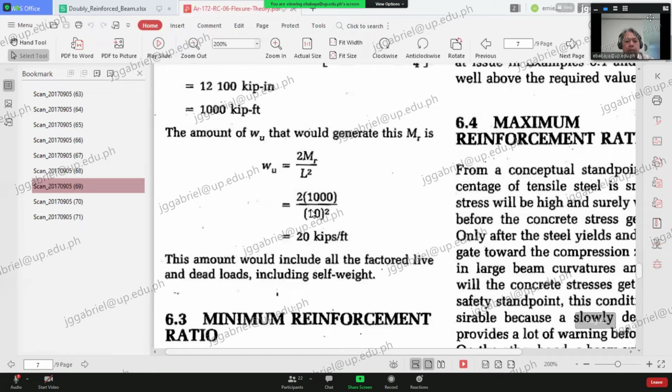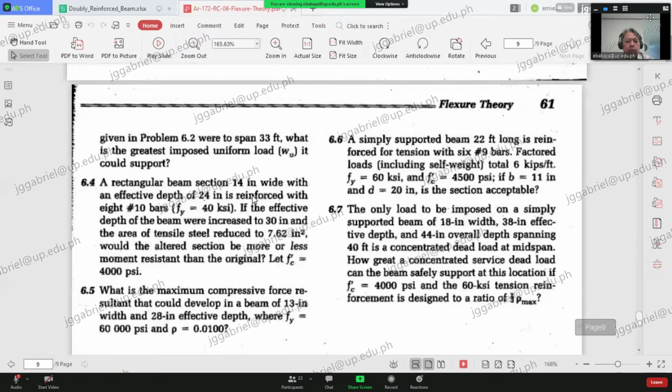Okay, this is the problem, 6.4. You see it?